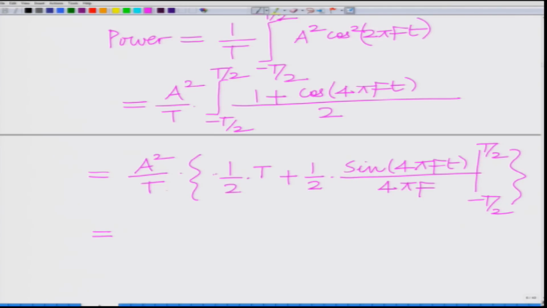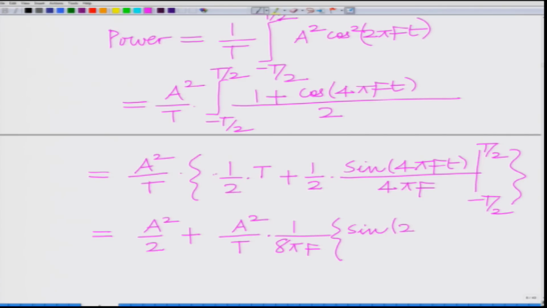So, that is A square by T into half T, that is A square by 2, plus A square by T times 1 by 8 pi f times sin 4 pi f t at capital T by 2, where f into T is 1.